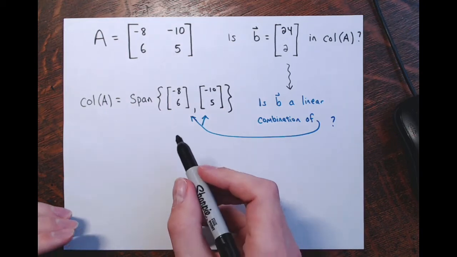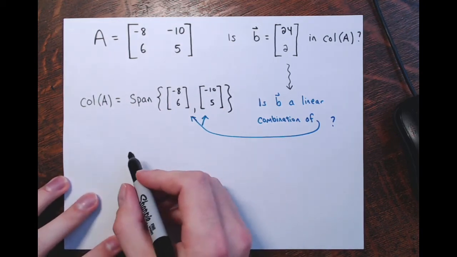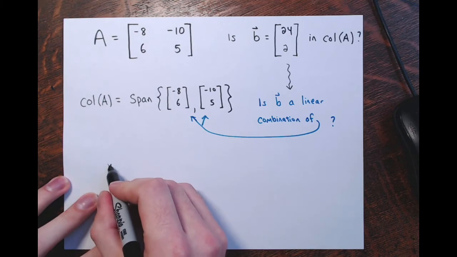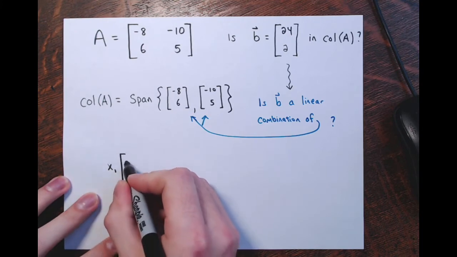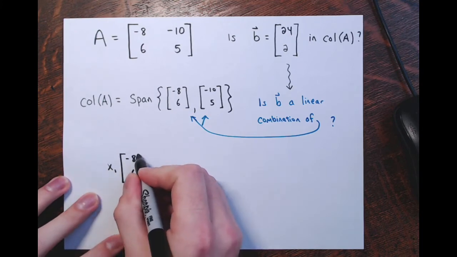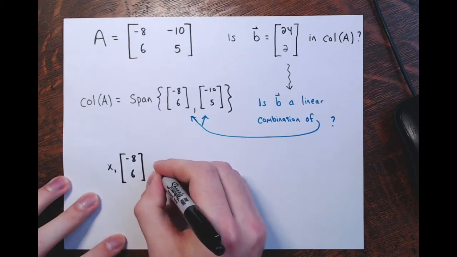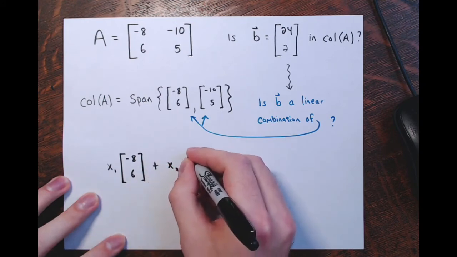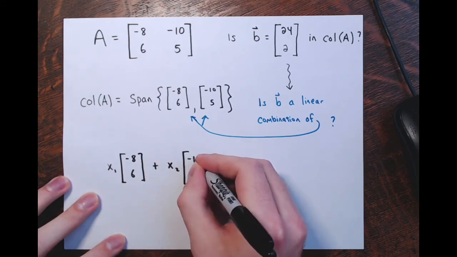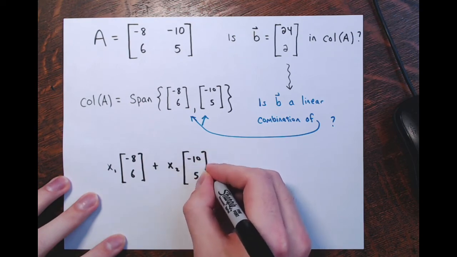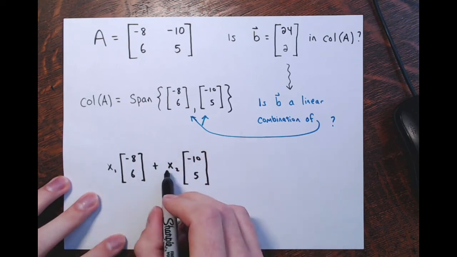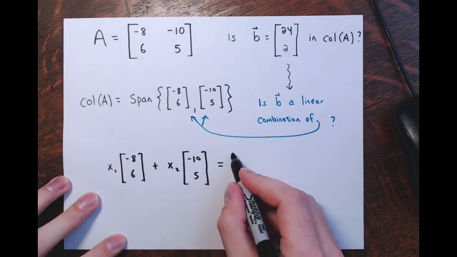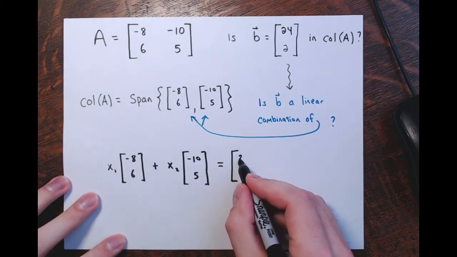All right, so we're solving this system. x1 times negative 8, 6 plus x2 times negative 10, 5. Is there an x1 and x2 such that this is equal to the vector 24, 2?